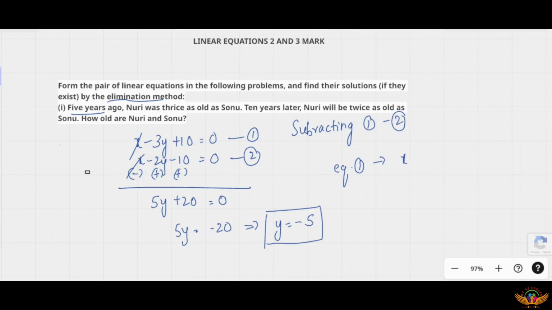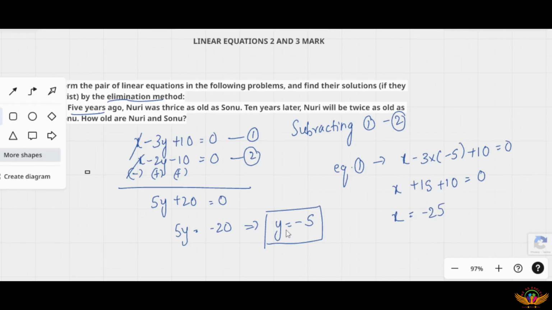So we will get x minus 3 into minus 5 plus 10 is equal to 0. Minus into minus is plus, 5 threes are 15, plus 10 is equal to 0. x equal to, 10 plus 15 is how much? 25. Minus 25. See here, I got minus and minus.